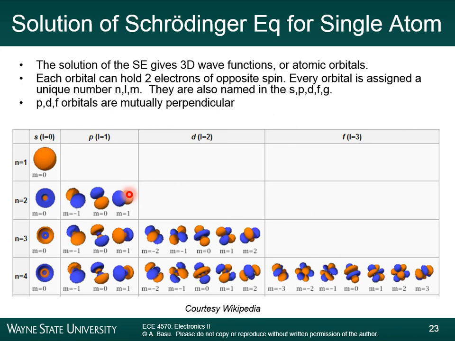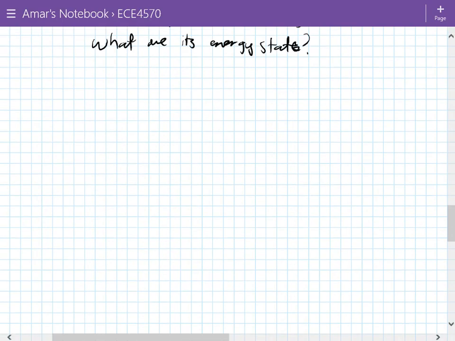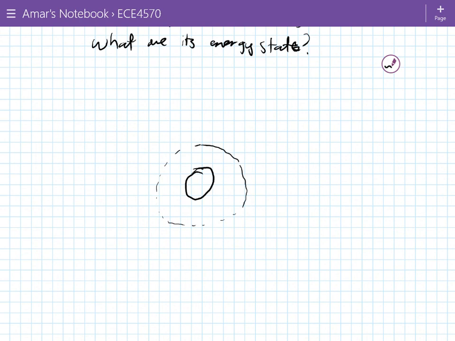If I were to draw this out here, let's say this is the nucleus of the atom. An electron that's in the first possible energy state will be most likely to be in this region surrounding the nucleus, a spherical region.